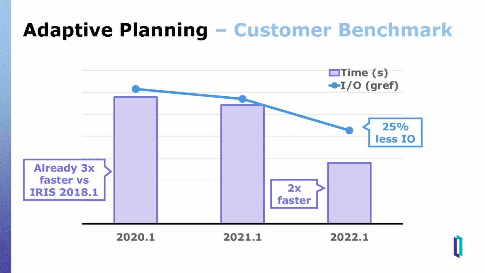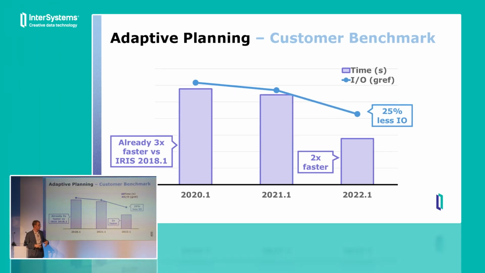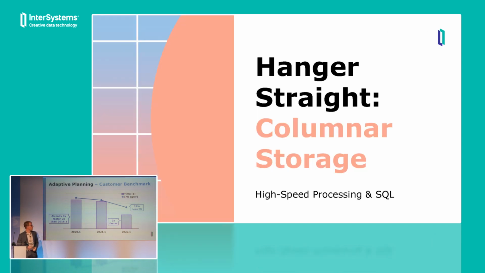But we were really saving our thunder for runtime plan choice, because boom, we cut the time it takes to run this benchmark in half by using this smart runtime plan choice check, and we were able to limit the I/O to 75% of what it was before, giving you exactly the same results, but just faster. So that's what adaptive SQL means for IRIS.